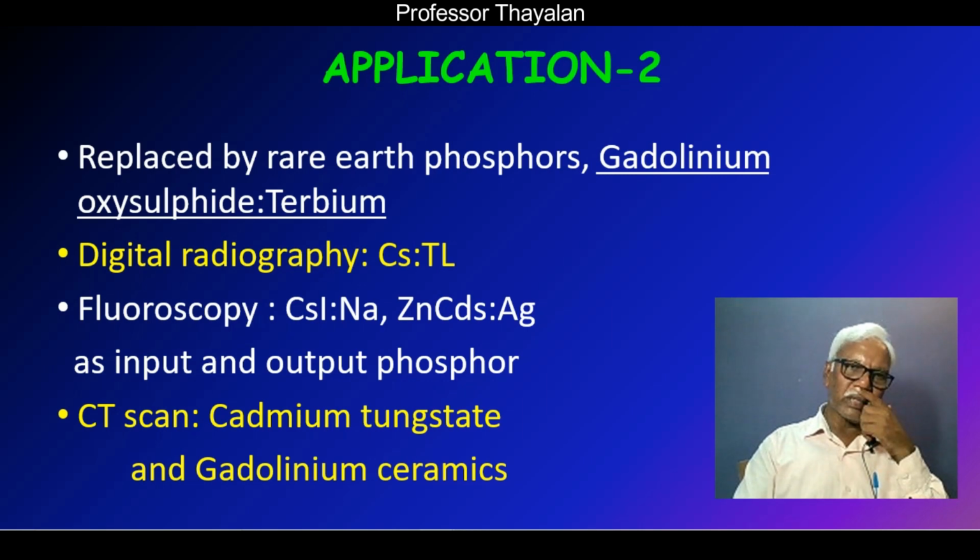Nowadays calcium tungstate is replaced with rare earth phosphors, that is gadolinium oxysulfide with terbium impurity. In digital radiography we use cesium iodide with thallium impurity. In fluoroscopy we use input and output phosphors. The input phosphor is cesium iodide with sodium impurity. The output phosphor is zinc cadmium sulfide with silver. In CT scan, cadmium tungstate and gadolinium ceramics are used as detectors.